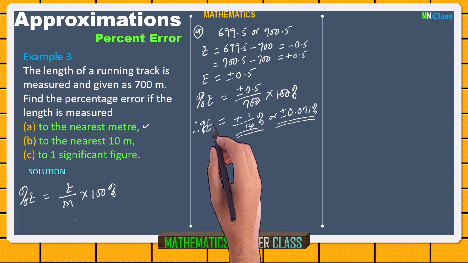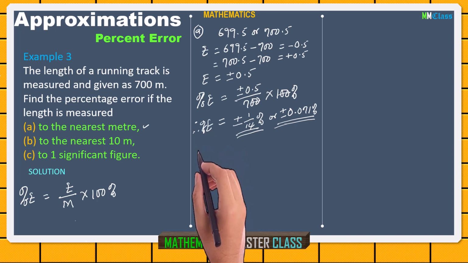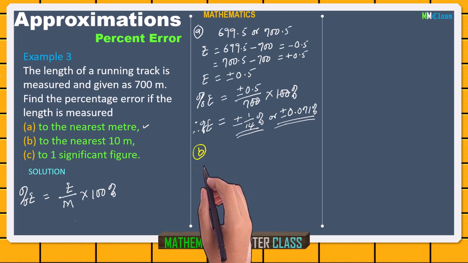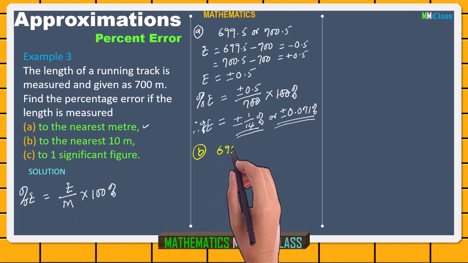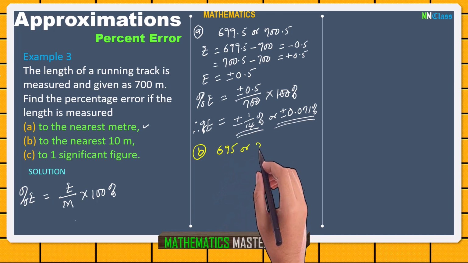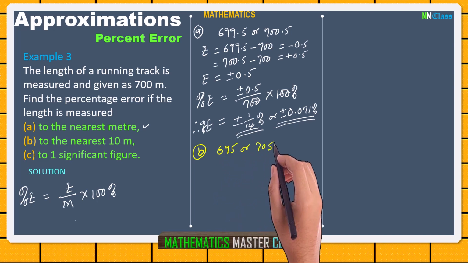So let's consider the B part. In the B part, we have to the nearest 10 meters. It is the same thing. We are going to look for the range of values, as in which numbers, when you approximate to the nearest 10 meters, give you 700. The numbers should be 695 or 705.